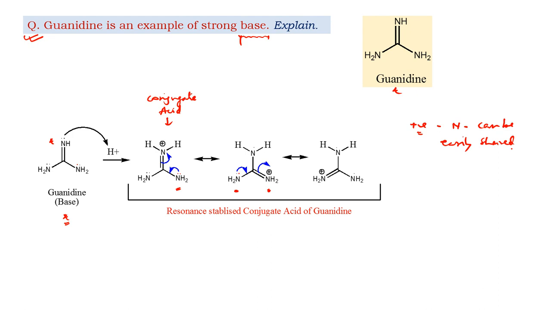Therefore, the system becomes stable because of resonance. So simply we can explain that the conjugate acid of guanidine can be easily stabilized through the resonance effect of the other two nitrogens. Therefore, it is a resonance stabilized conjugate acid of guanidine, which makes it a strong base.